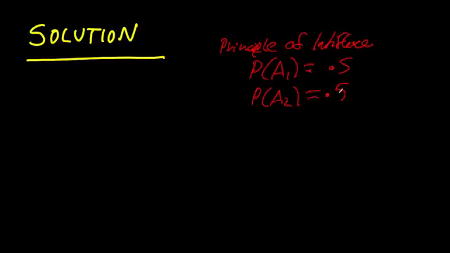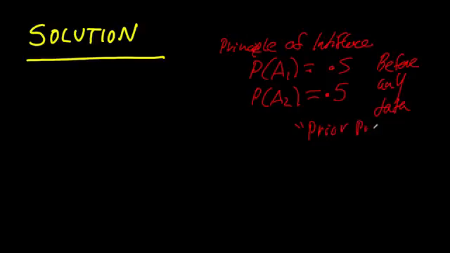In other words, before we observe any data, we are neutral as to which urn we are observing. They have equal probability. Because this is before any data are observed, we call this the prior probability of the parameters or of the process.